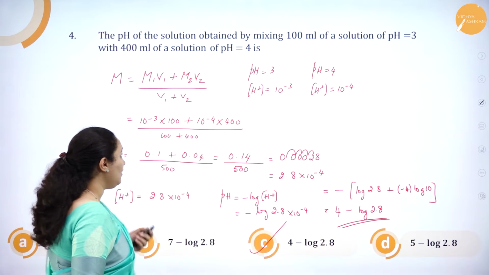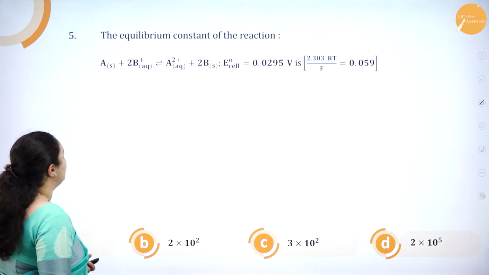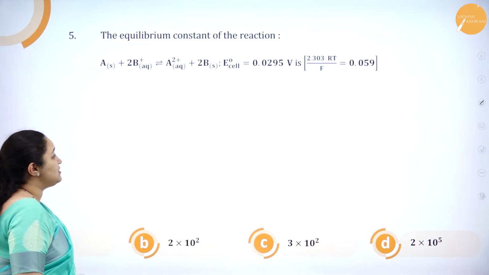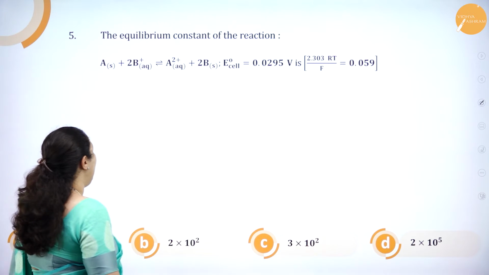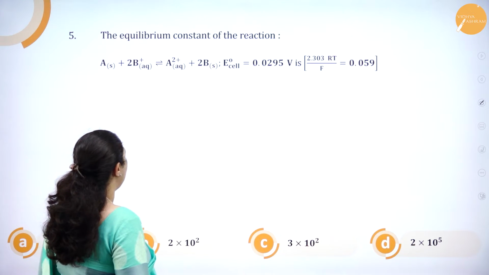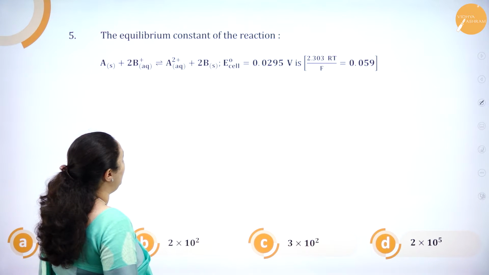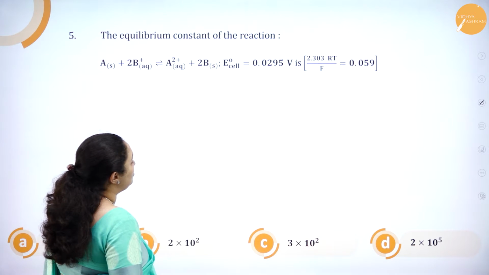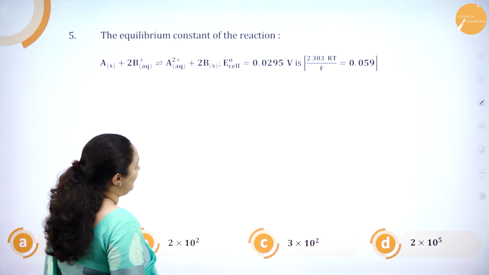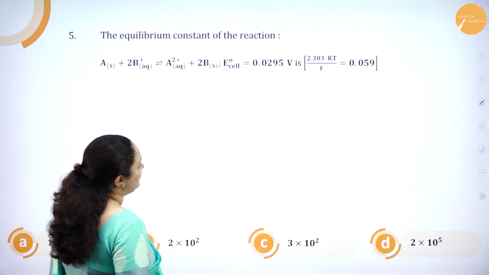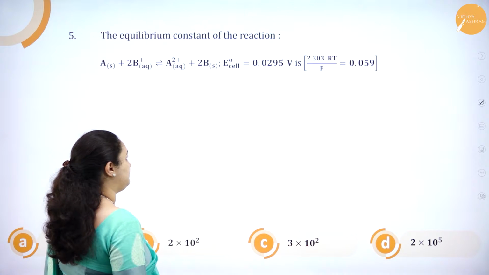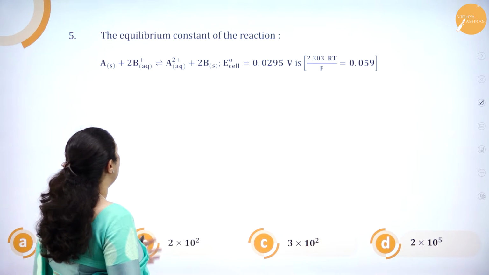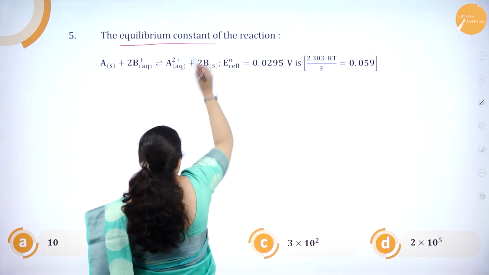Okay, next question. The equilibrium constant of a reaction A plus 2B plus giving A2 plus 2B, E naught is equal to 0.295 volt, 2.303 RT by F is given as 0.059. So what they have given, you are supposed to find out the equilibrium constant.